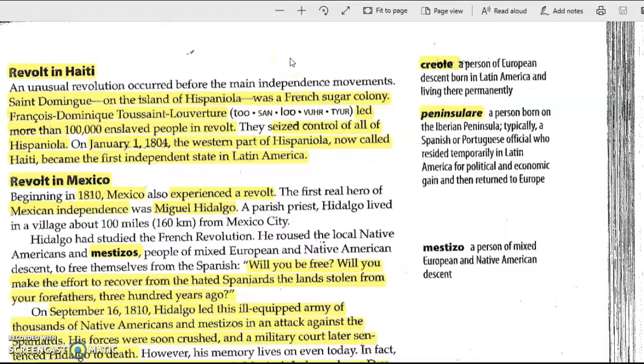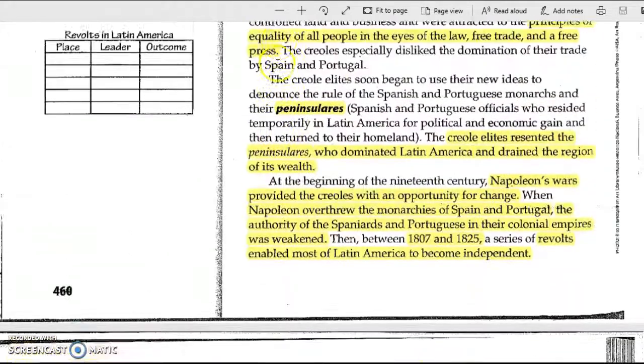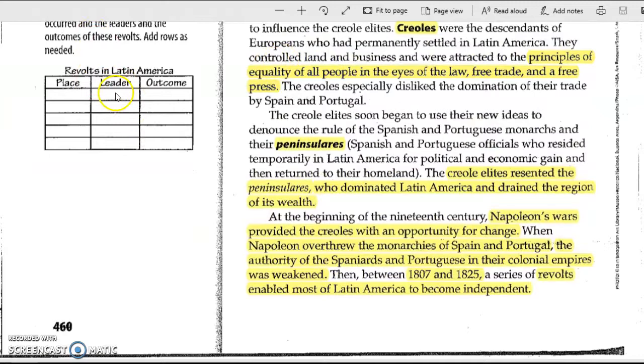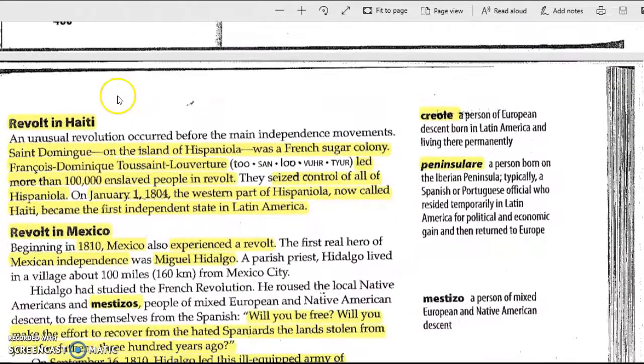Haiti at the time was part of an island known as Hispaniola, where the French had colonized part of it. It was a French sugar colony. But what's going to happen is you're going to have one individual, talking about the leader column here, known as Francois Domingue Toussaint Louverture, or known in history as Louverture.